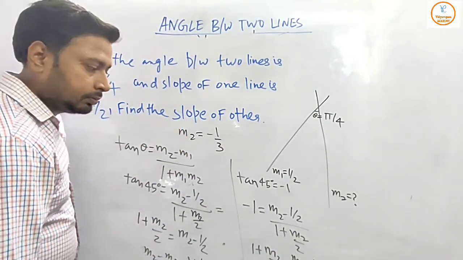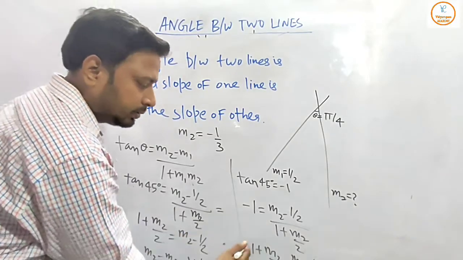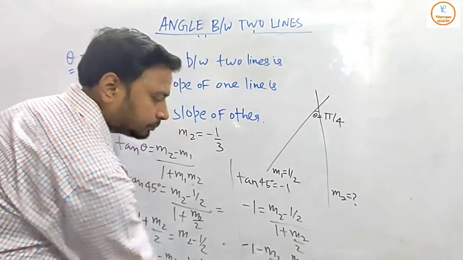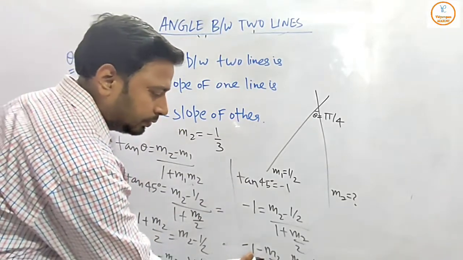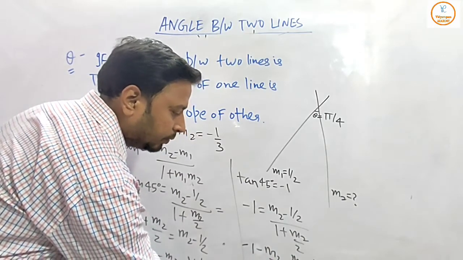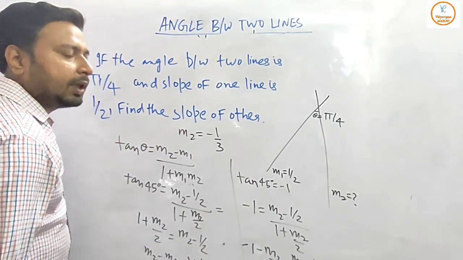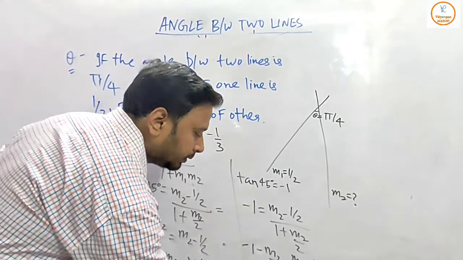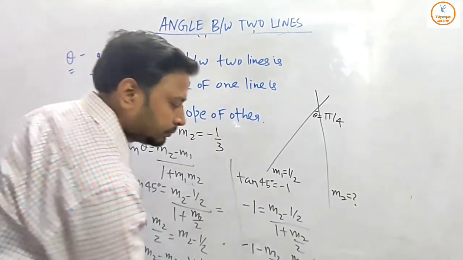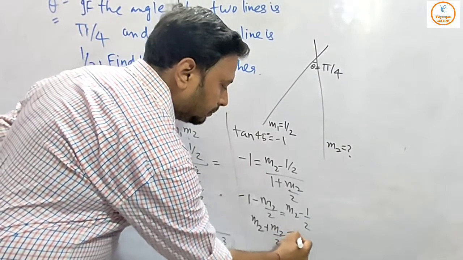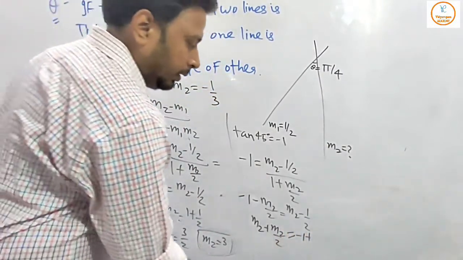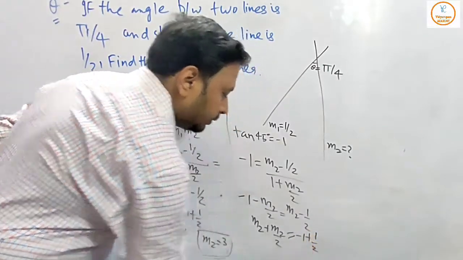Minus. So minus 1 minus m2 upon 2. Okay, so m2 will go there. So m2 plus m2 by 2 is equal to minus 1 plus 1 by 2.